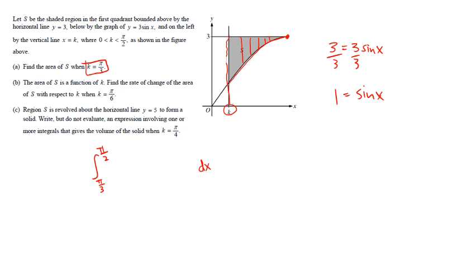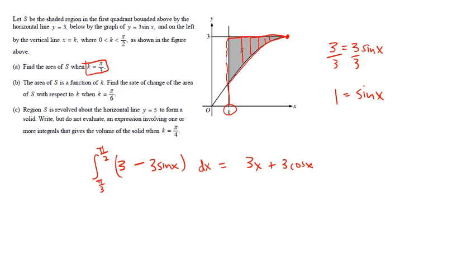And then finally, we want to do top minus bottom. So the top part of this region is the line y equals 3, minus the bottom part of this function, which is 3 sine of x. Since it's non-calculator, we have to do this by hand, so our antiderivative is going to be 3x, and then the antiderivative of negative sine of x is positive cosine of x.